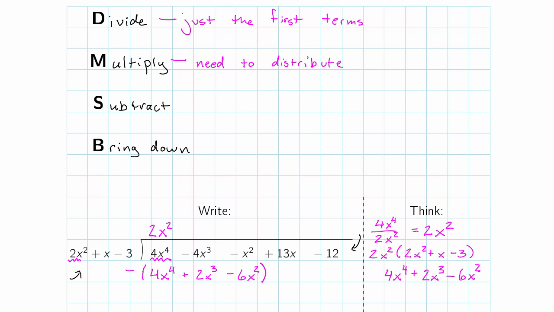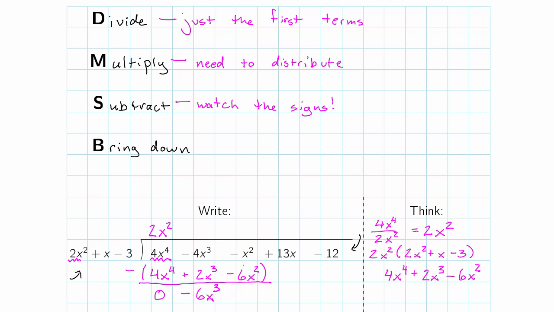Now, this can get tricky because unlike the situation with numbers, we can have negative coefficients here. So when we're subtracting, we're going to watch the signs. So 4x to the fourth minus 4x to the fourth is 0. Negative 4x to the third minus 2x to the third is negative 6x to the third.